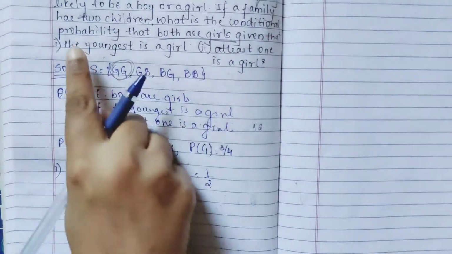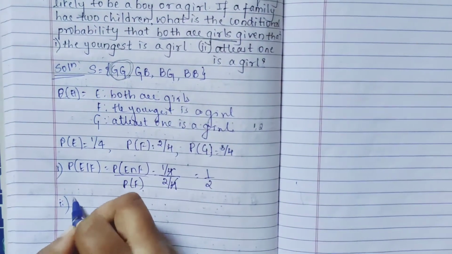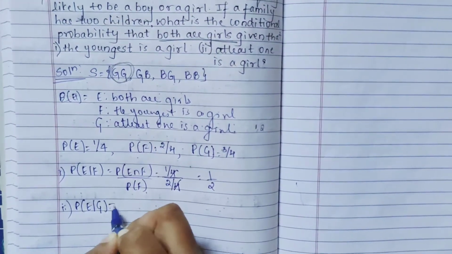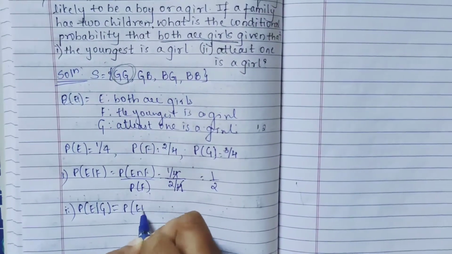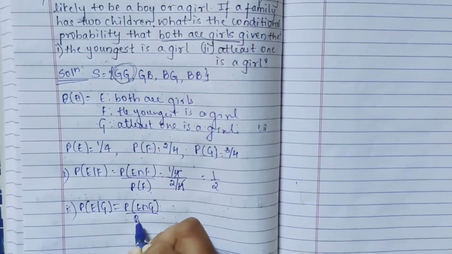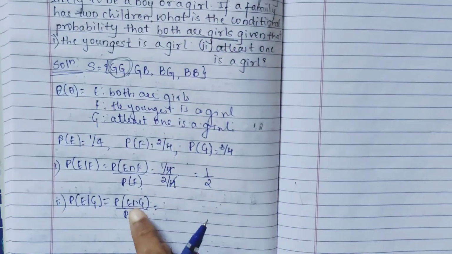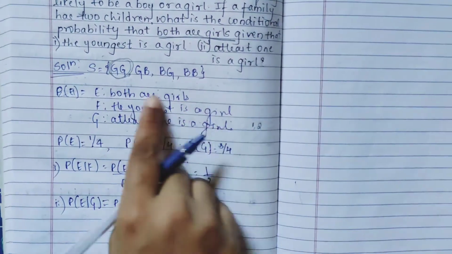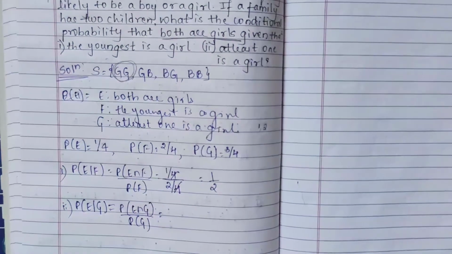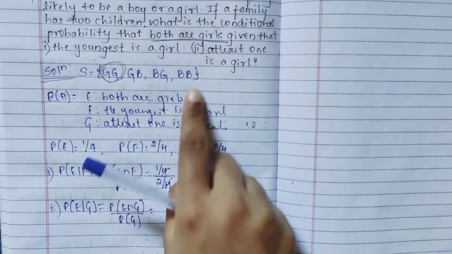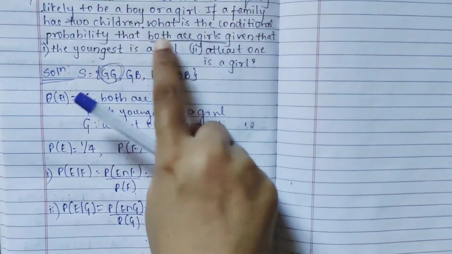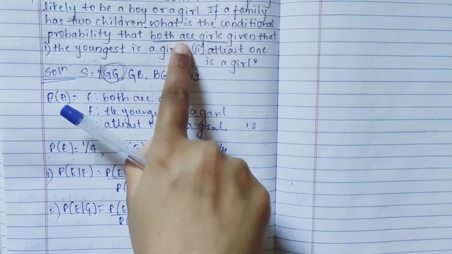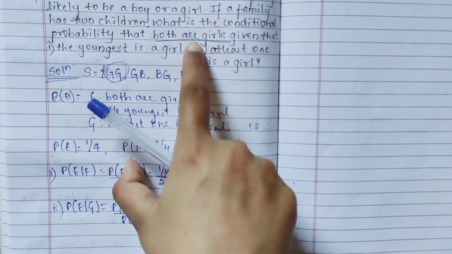Second, at least one is a girl: that means P of E given G, which is P of E intersection G divided by P of G. Please don't get confused about how you got it. Here they are asking the probability of both are girls, given the conditions.